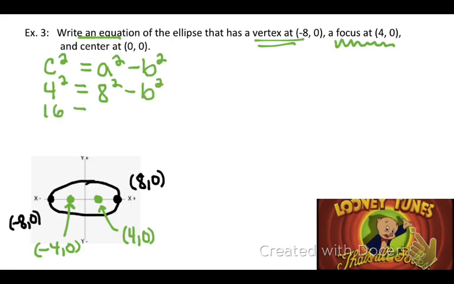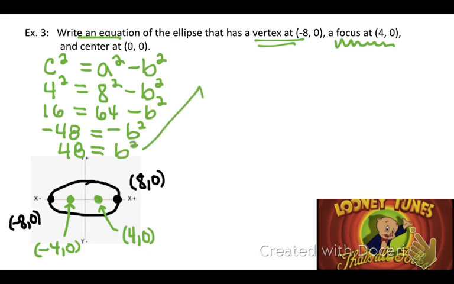So we end up with 16 equals 64 minus b squared. We'll subtract 64 from both sides. We get negative 48 equals negative b squared. If I divide both sides by negative 1, we end up getting 48 equals b squared.